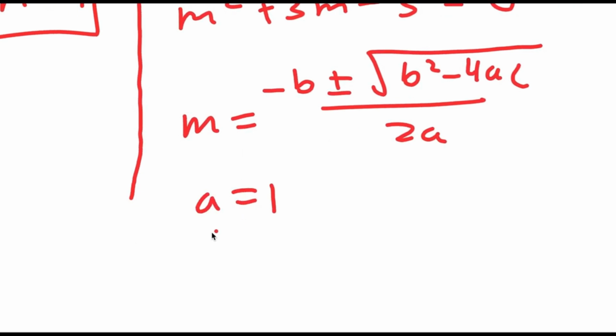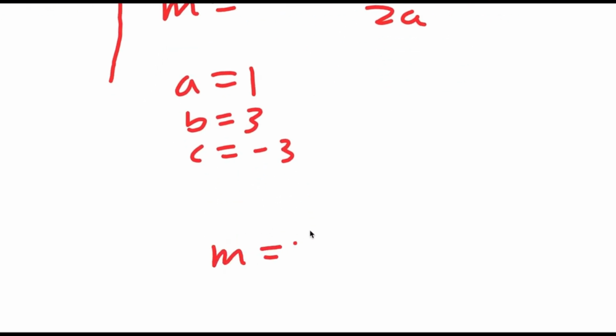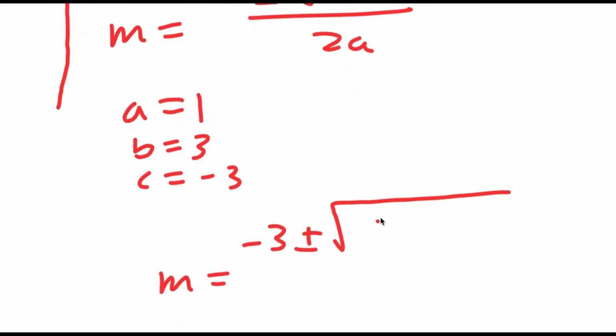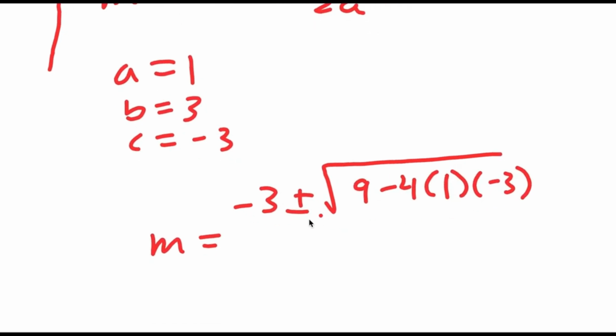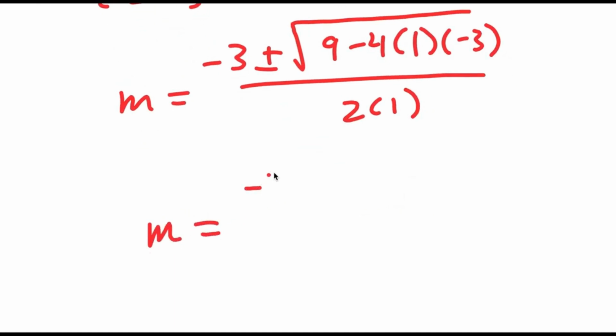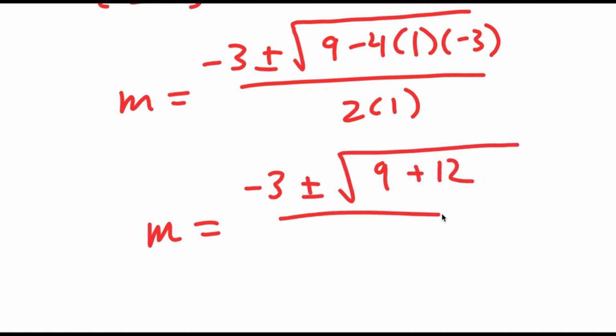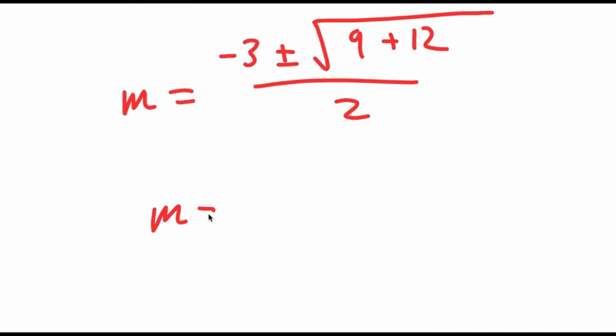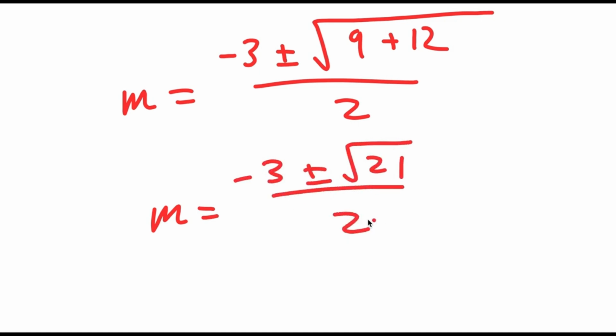So in this case, a is 1, b is 3, and c is negative 3. So I get m is equal to negative 3 plus or minus the square root of 3 squared, which is 9, minus 4 times 1 times negative 3, all over 2a. And now this turns into negative 3 plus or minus the square root of 9 plus 12 over 2, which is equal to negative 3 plus or minus the square root of 21 over 2.